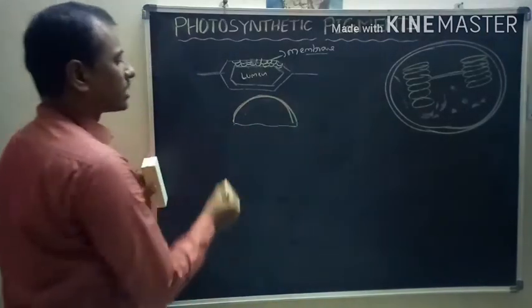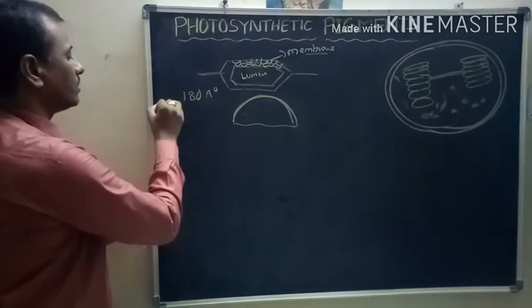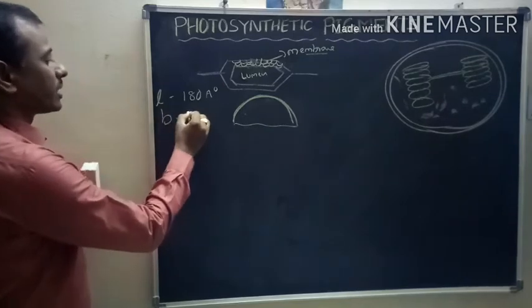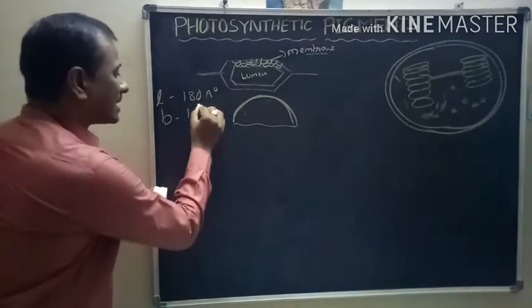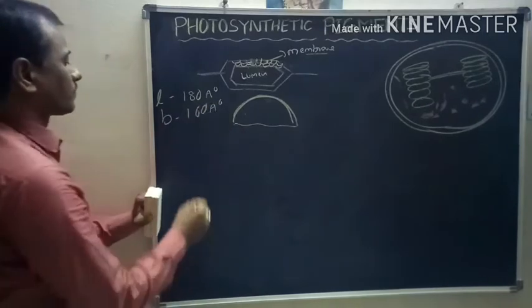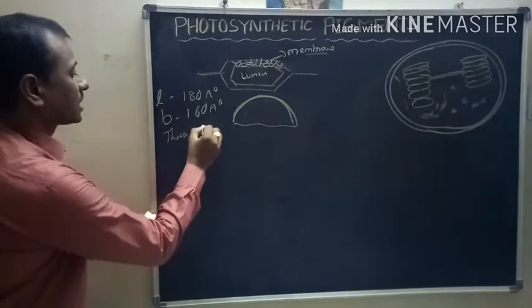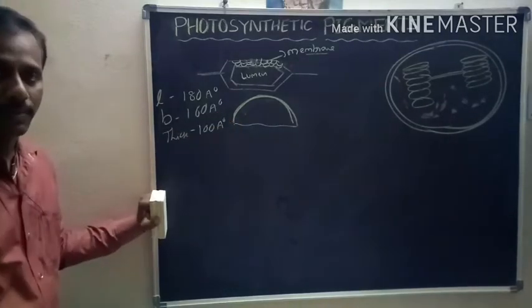The quantosome measures nearly 180 angstrom units in length, the breadth is nearly 160 angstrom units, and the thickness of the quantosome is 100 angstrom units.